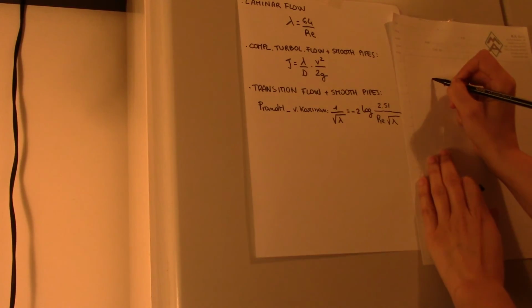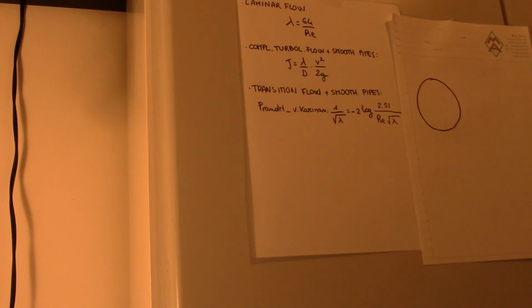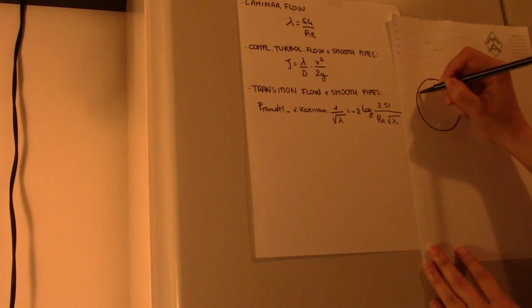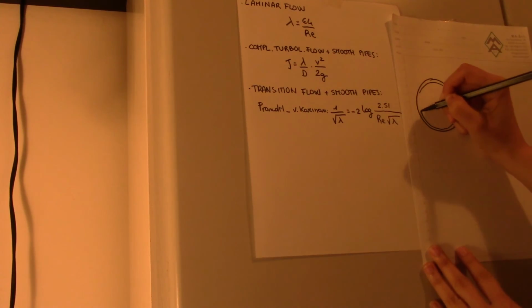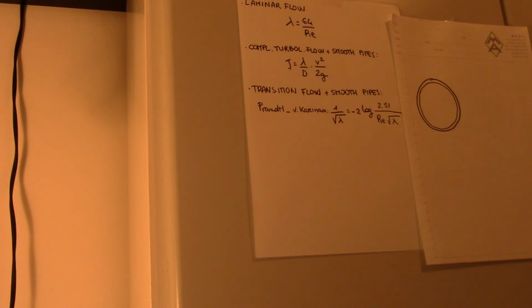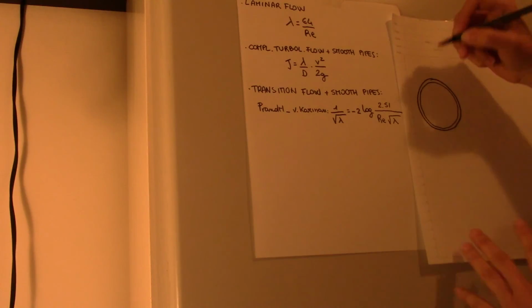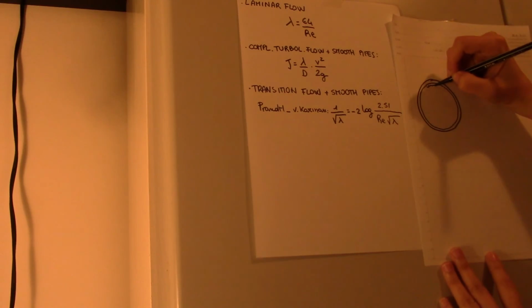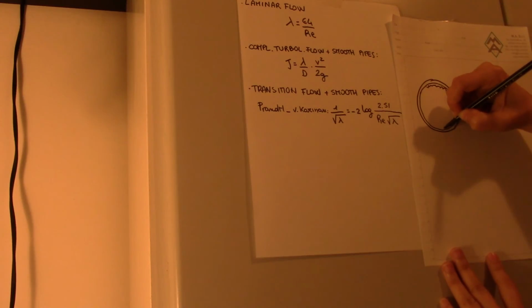If you have a circular pipe, let's imagine that this is a circle, and these are the walls of your pipe, so your flow is moving right here, the roughness of the pipe is exactly the roughness that you encounter along the wall of your pipe.